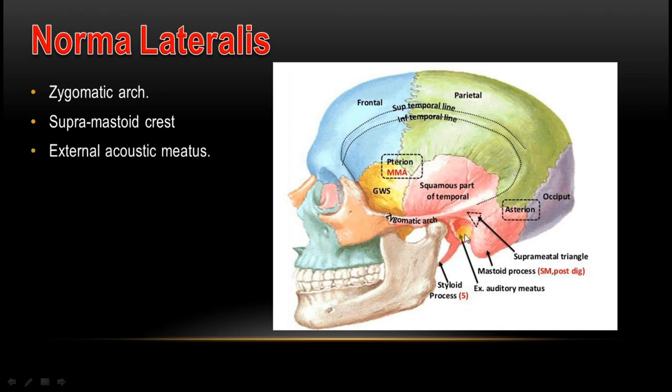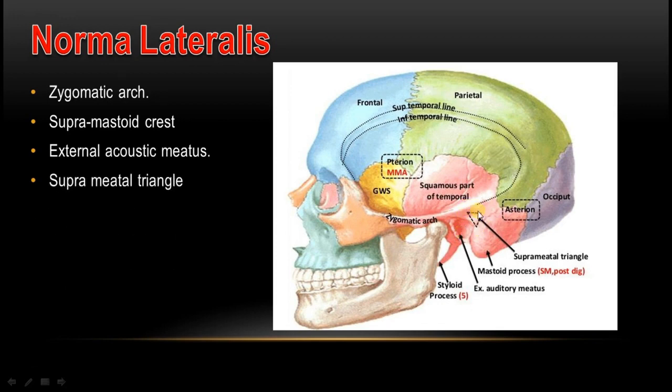Then you see the external acoustic meatus. Deep to the meatus, again you see a sulcus called the tympanic sulcus, where the tympanic membrane will be attached. So the external acoustic meatus is present in the tympanic plate of temporal bone.